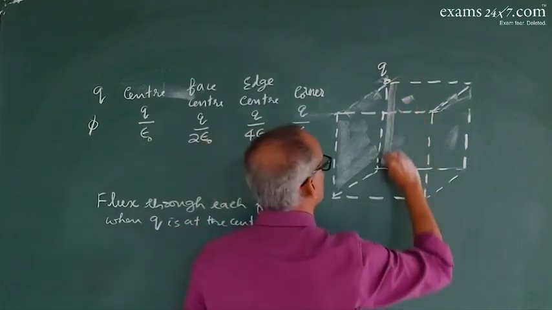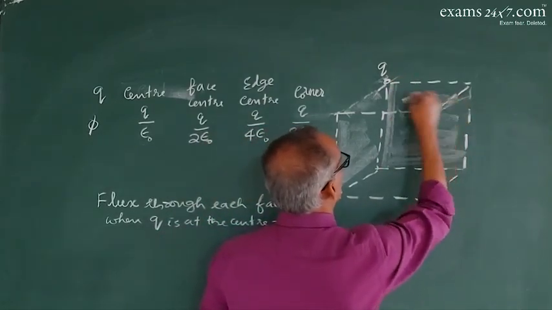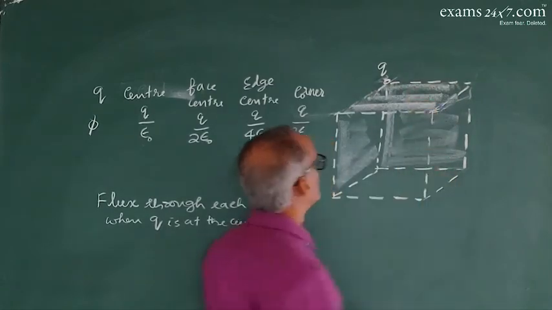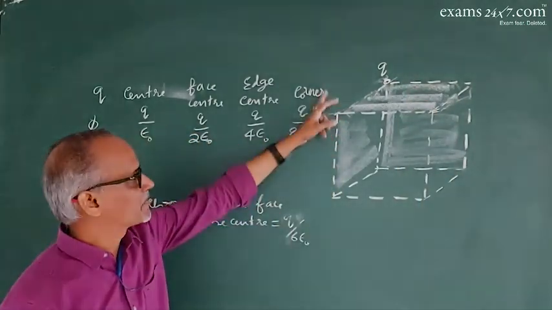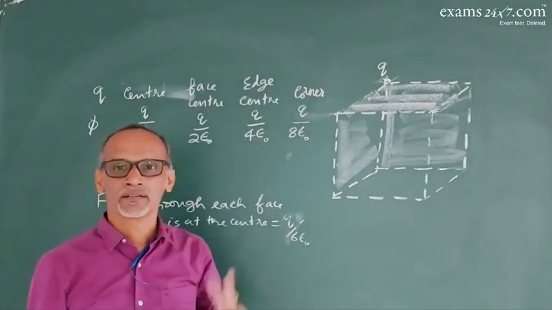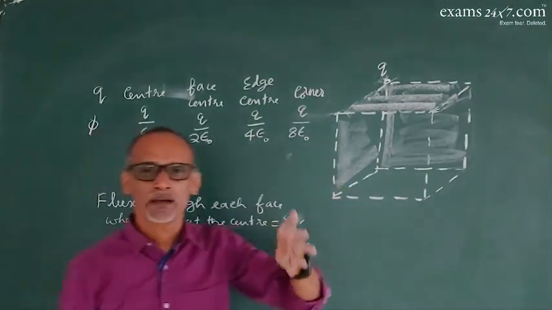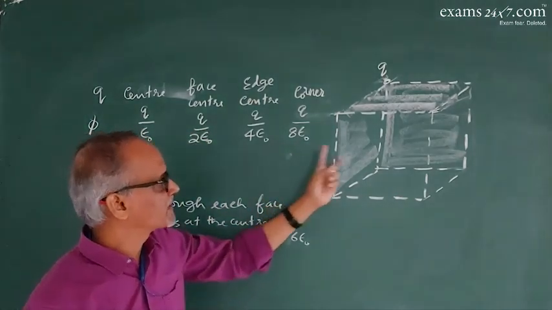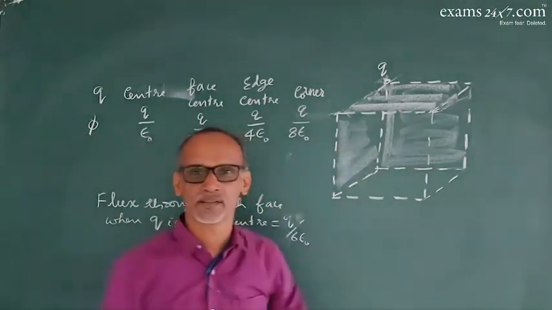The other is here. And the next is the one which is here. The lines of force for all these 3 faces are parallel to the surface. That's why there is no flux through the faces nearest to the charge.